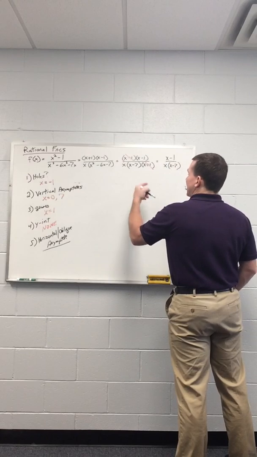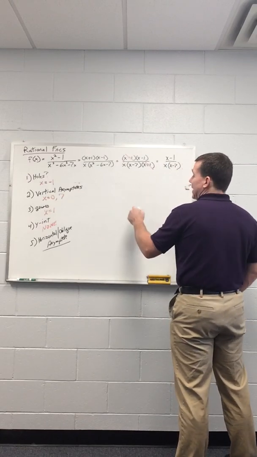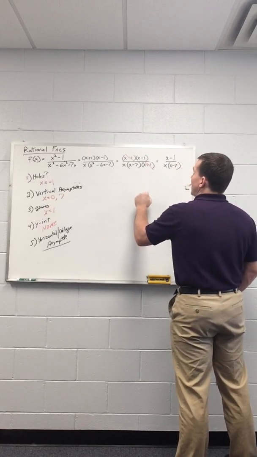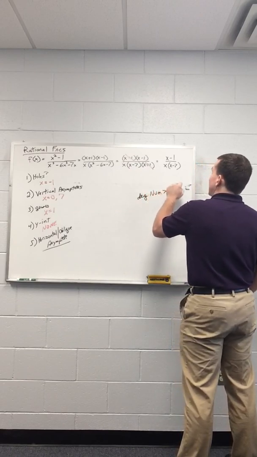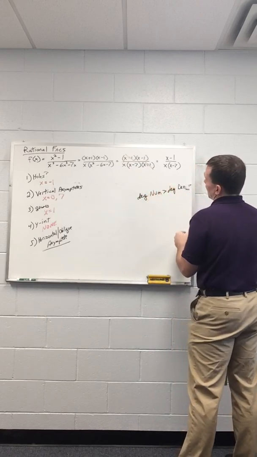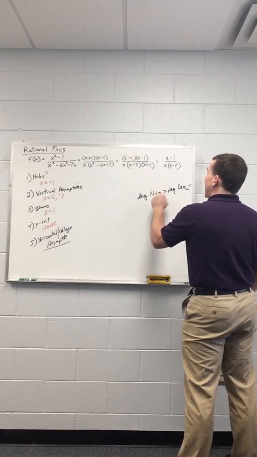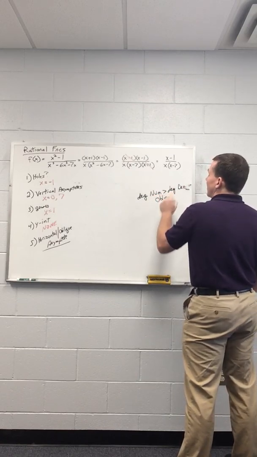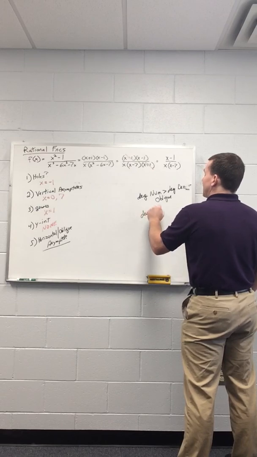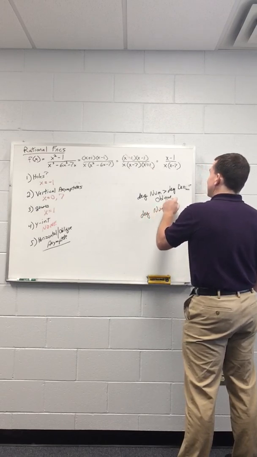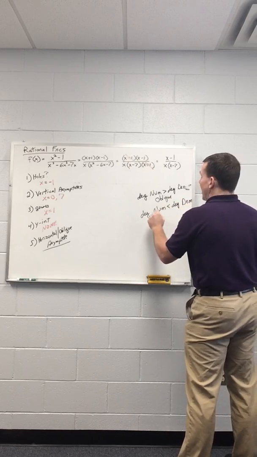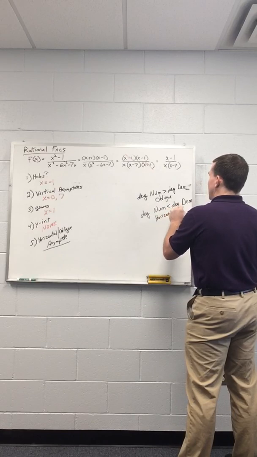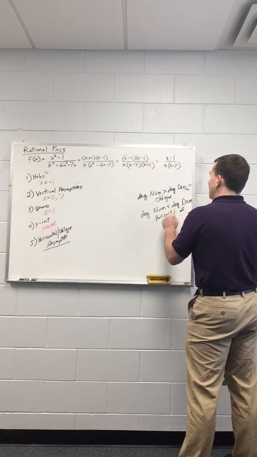The short answer is, to find the horizontal or oblique asymptote, you look at the degrees. If the degree in the numerator is greater than the degree in the denominator, you get an oblique asymptote. If the degree in the numerator is less than the degree in the denominator, you get a horizontal asymptote at y equals 0.